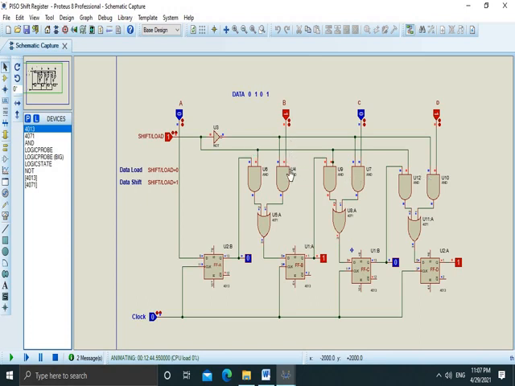One input is 0, and 0 dot something is 0, so this AND gate, this AND gate and this AND gate are disabled. Only the other AND gates are enabled. Enabled means on.